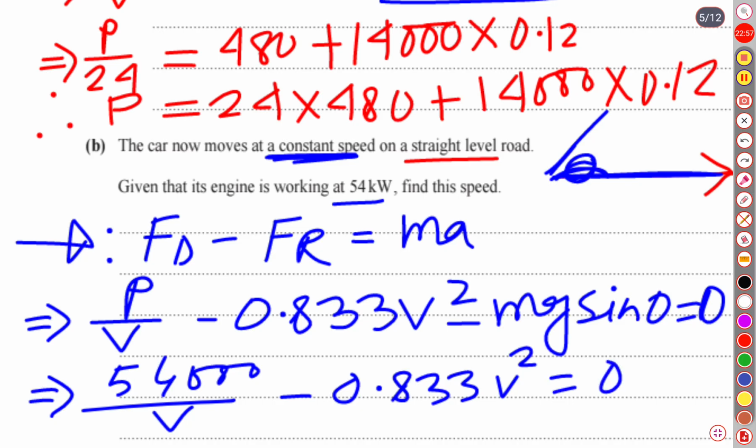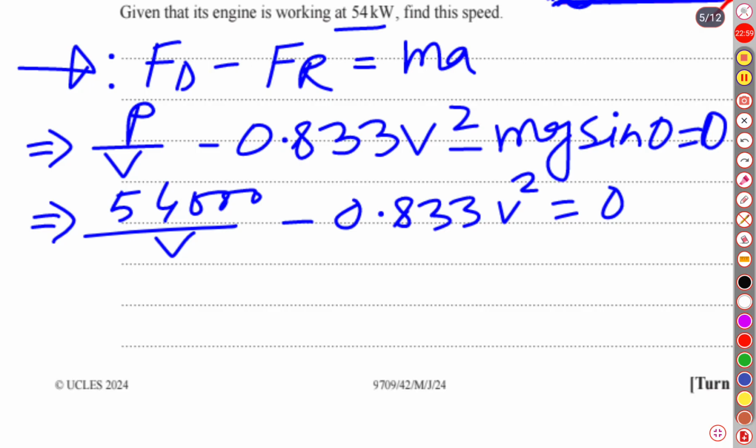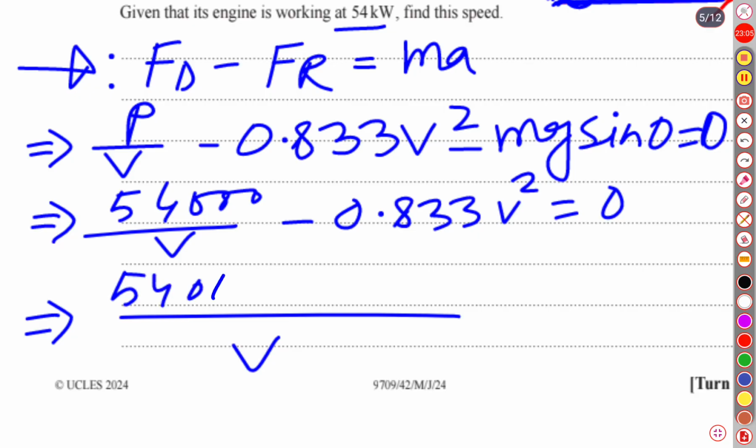Let us simplify this. It is v, so 54,000 minus 0.833, v into v squared is v cubed, equal to 0.